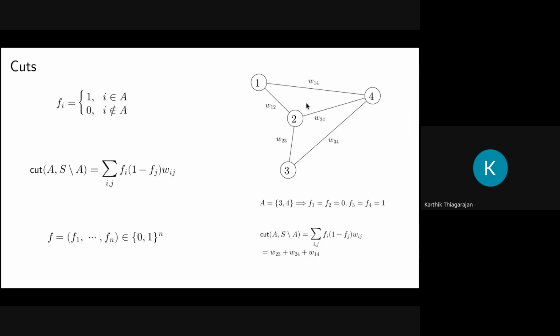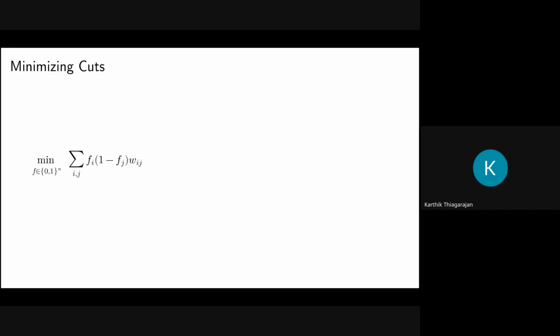Anything going between {3, 4} and {1, 2} will matter. So w23, w24, and what else? w14. These three weights, the sum of them will be the value of the cut. So that is one example of a cut, and then you want to minimize the cut.